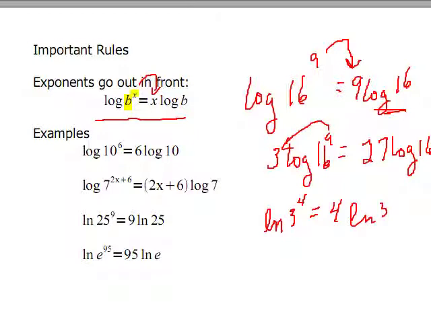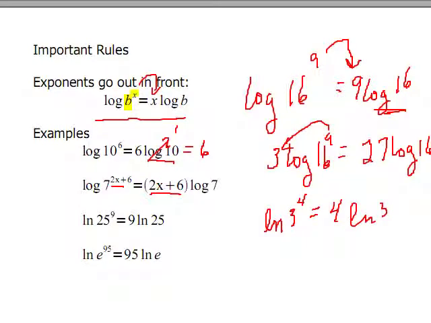And here are some examples. Log of 10 to the 6th, the 6 comes out in front, and then you have log 10. This is particularly good because what is the log of 10? It's 1, so the whole answer is 6. Now if the exponent is some expression like 2x plus 6 here, that whole thing comes out in front and is a multiplier of log 7.